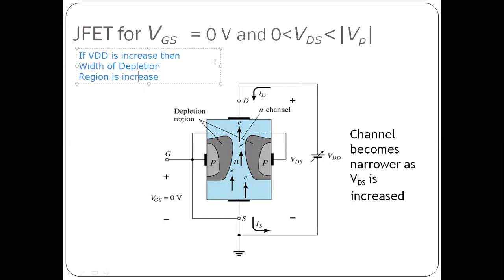If VDD is increased, then width of depletion region is increased. So drain current is less flow in the circuit. So it is known as VGS equal to 0, so maximum current can flow. But if the depletion region is increased, drain current decreases in the circuit.